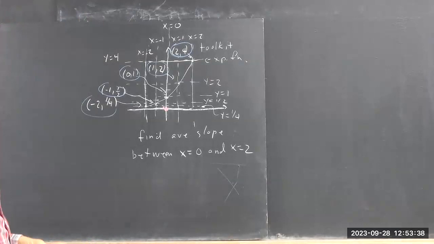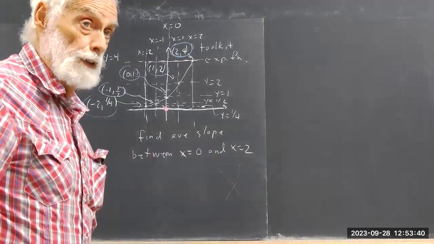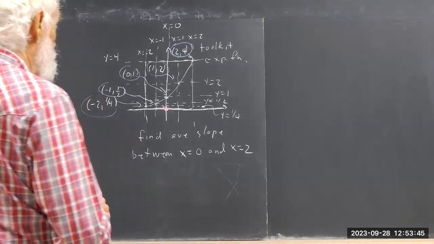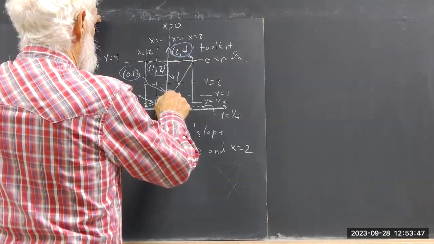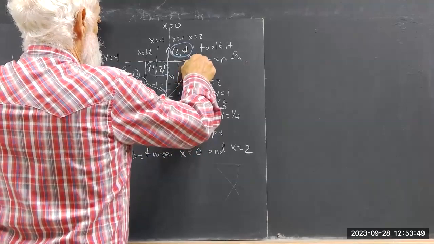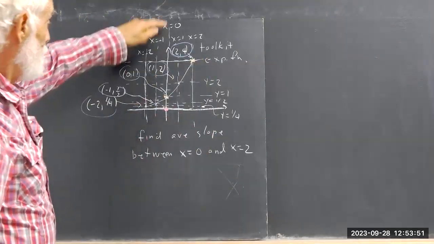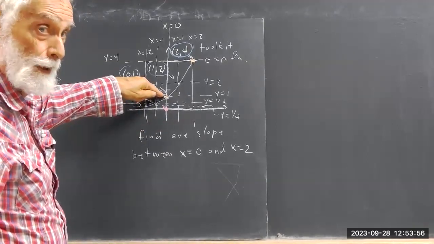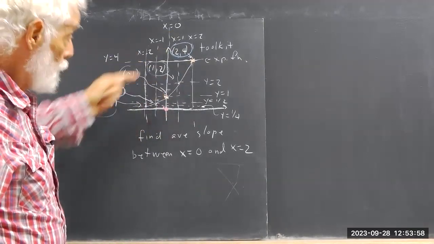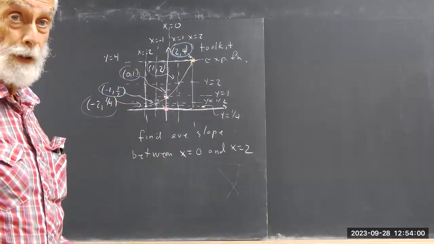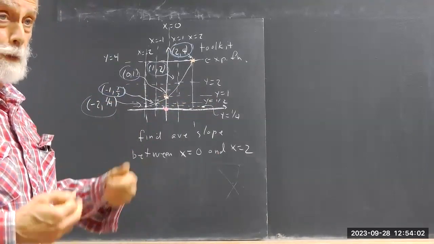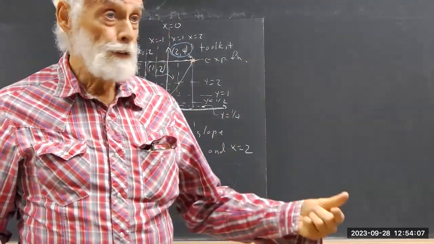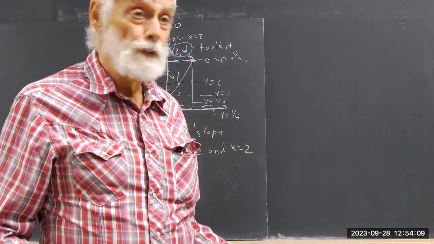Now the average slope between x equals 0 and x equals 2. Here's the x equals 0 point, and here's the x equals 2 point. X equals 0 is on this vertical line, and that's the point that's on this vertical line. Make sure you understand these vertical and horizontal lines and why they're labeled the way they are. We've talked about it repeatedly. If you don't understand it, you can access the MDE 61 videos.